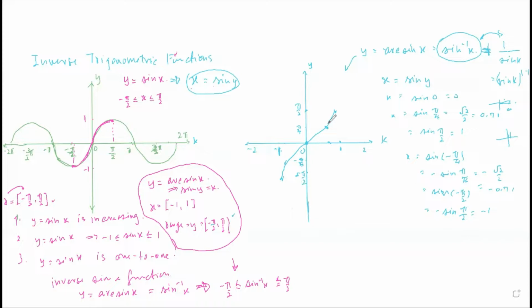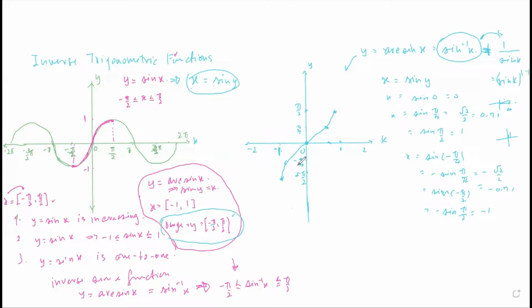That's why we have to restrict the value of y, the range. And of course for the x value, it's still between 1 and -1. Okay, that's the graph of inverse sine x.